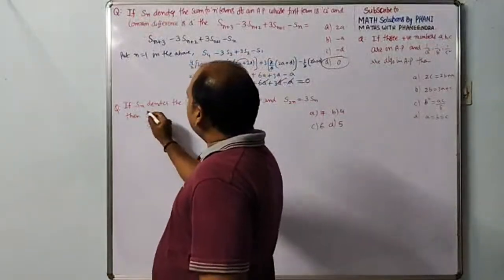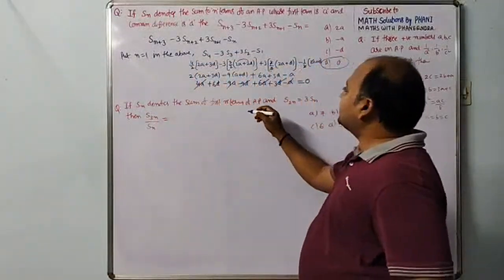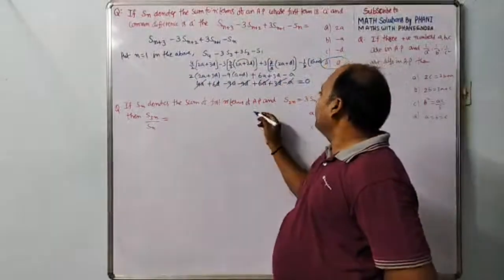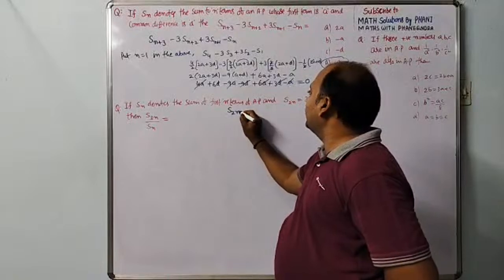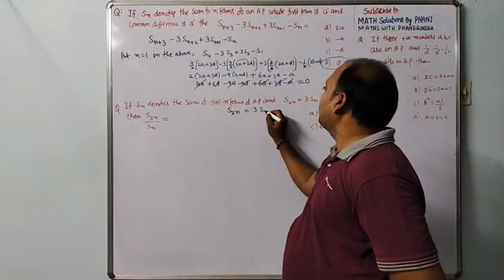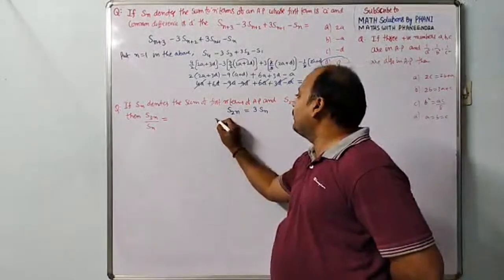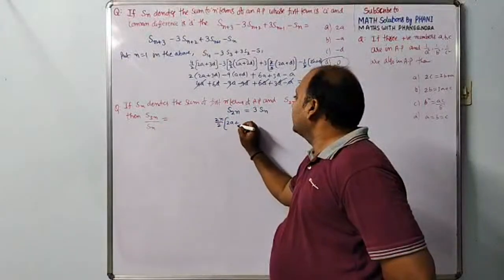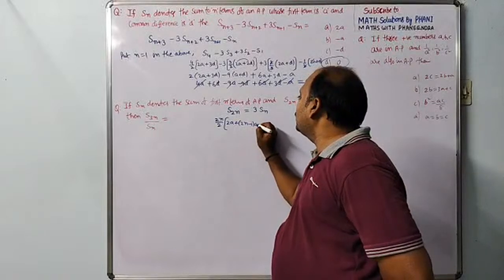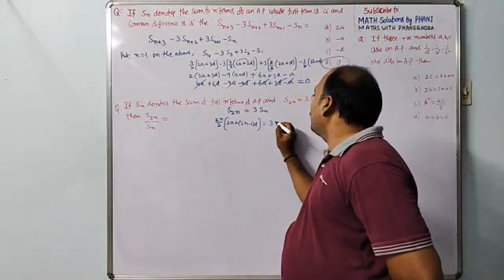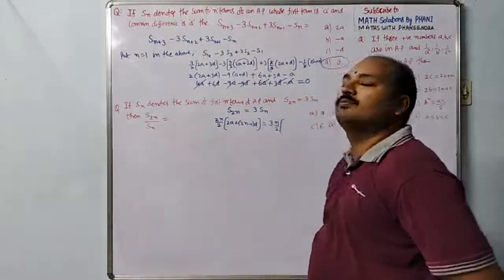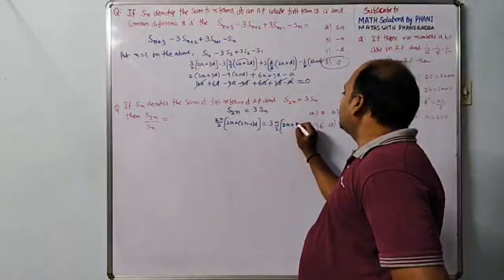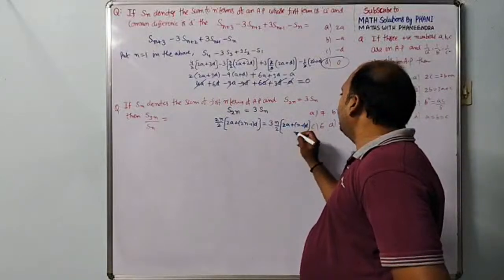Now, if Sn denotes the sum of the first n terms of an AP, the first condition is given. What condition is given? S2n is equal to 3 times Sn. S2n means 2n by 2, 2a plus 2n minus 1 into d, equals 3 times n by 2, 2a plus n minus 1 into d.